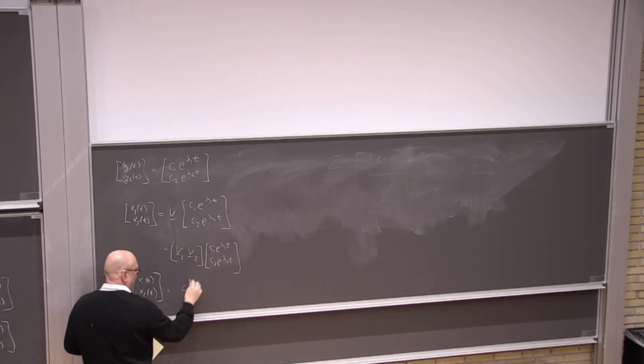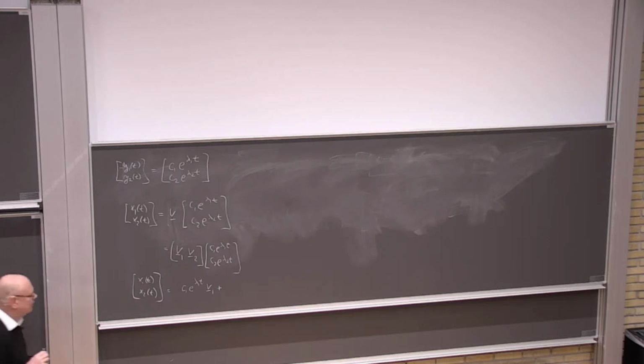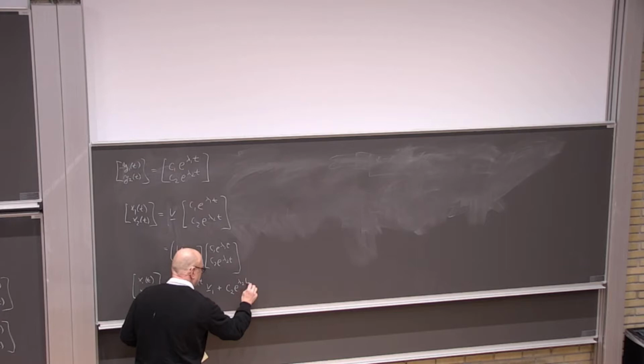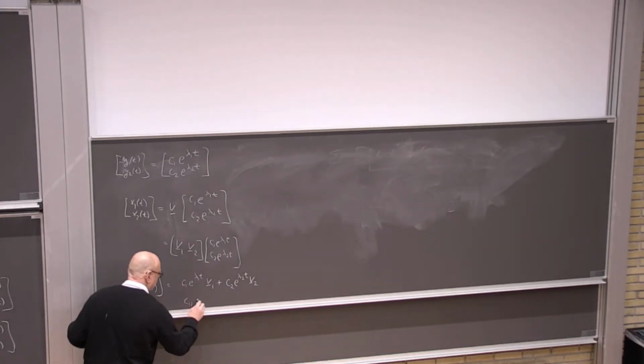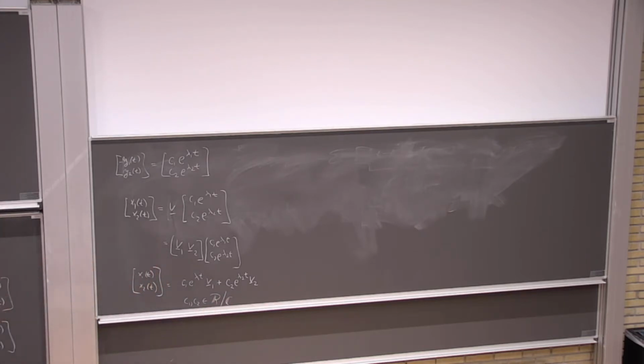So we get C1 e^(lambda 1 t), and then times V1. And then we get C2 e^(lambda 2 t) times V2. And then, this belongs to R, or it could belong to C, depending on the system that you're looking at.